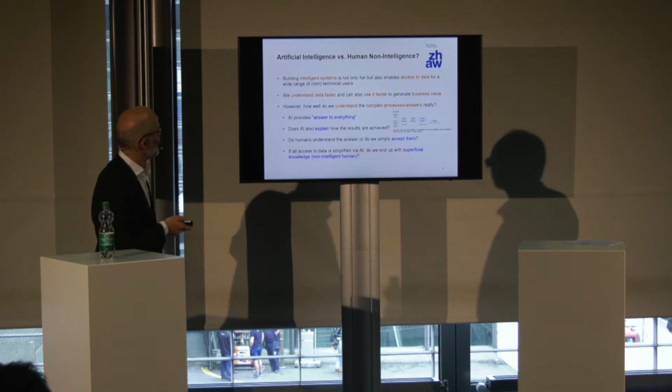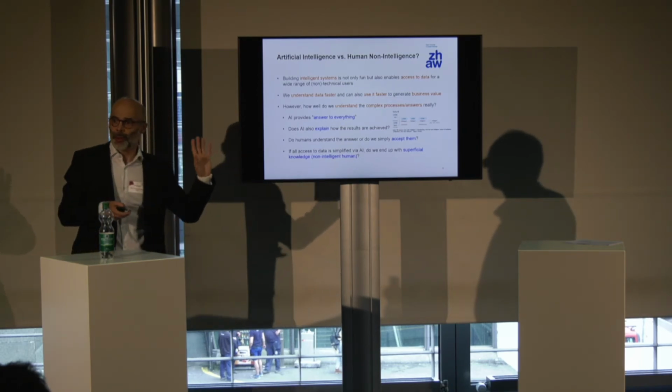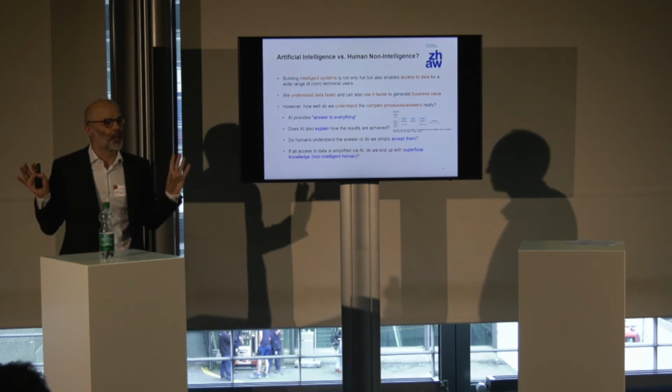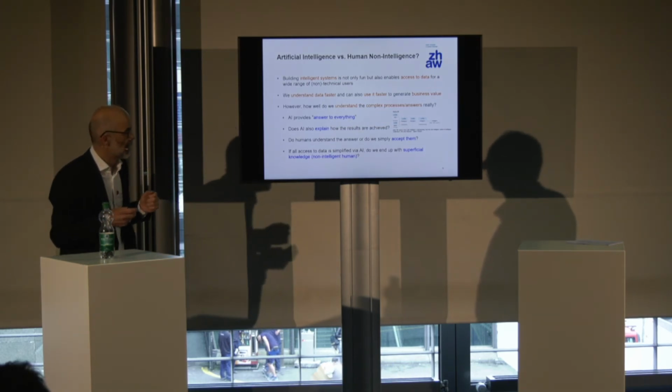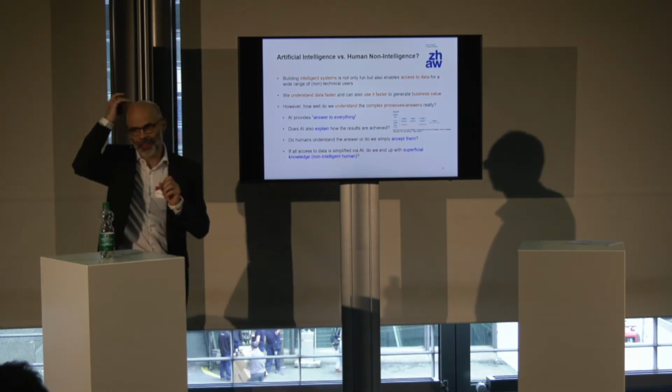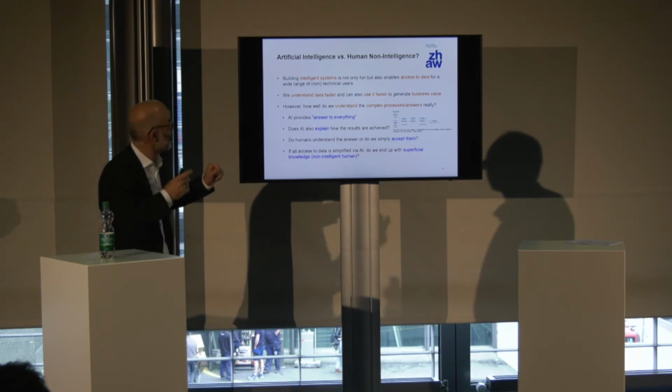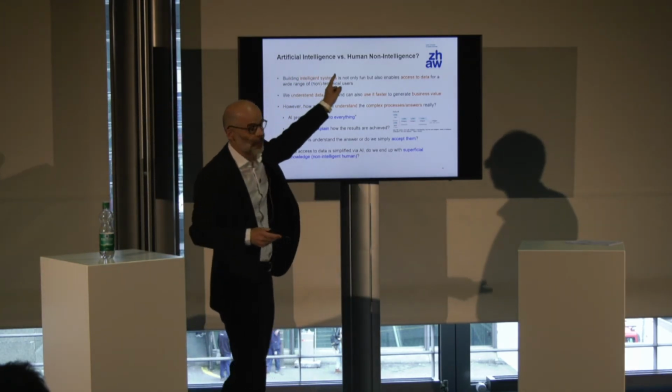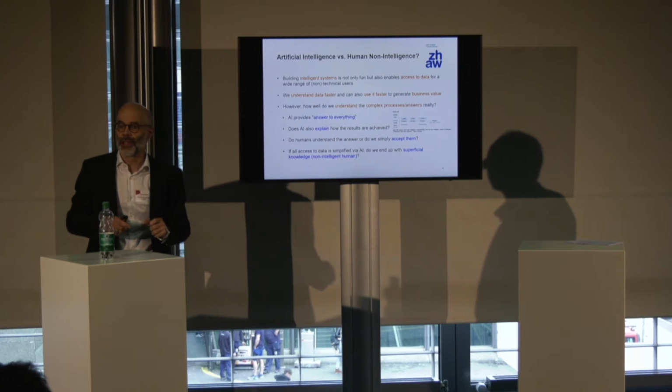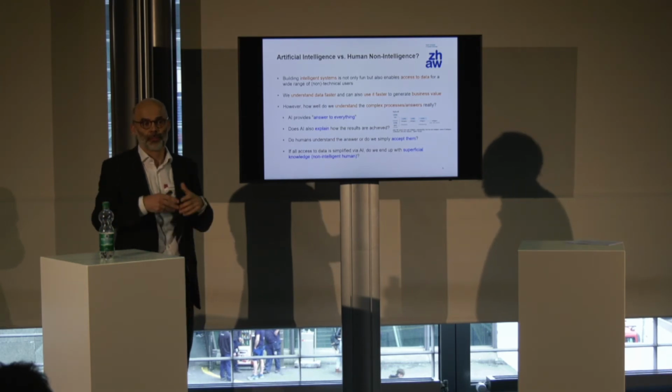Okay? So once we build these systems, then let's assume the systems are okay, and they work quite well. The question is, and this hopefully leads to some interesting discussions afterwards, there's the race between artificial intelligence and human non-intelligence. So building this system is great.